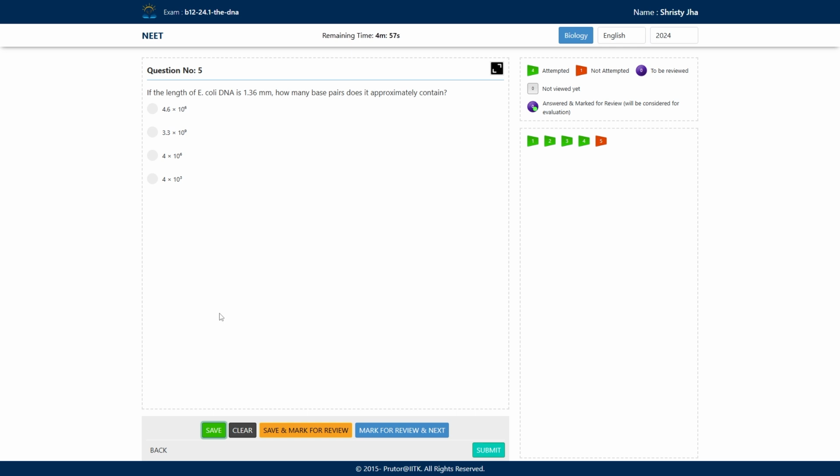So minus 3 plus 9 equals 10 to the power 6. And now 1.36 divided by 0.34 comes to 4. So the answer will be 4 into 10 to the power 6. So let's mark 4 into 10 to the power 6.